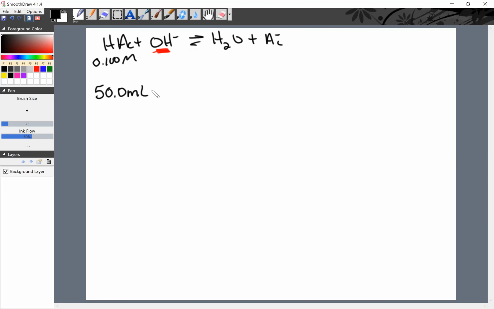And chemists do not use milliliters. Chemists use moles. So I'm going to use my molarity to convert out. And I have 5 times 10 to the negative 3.